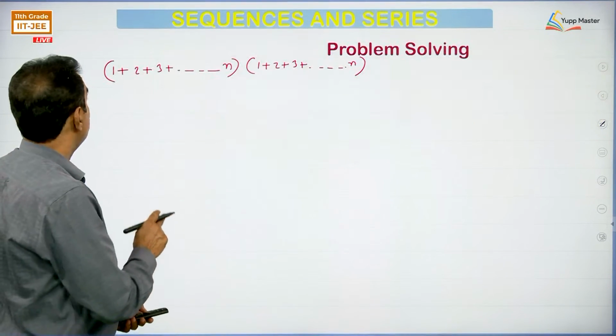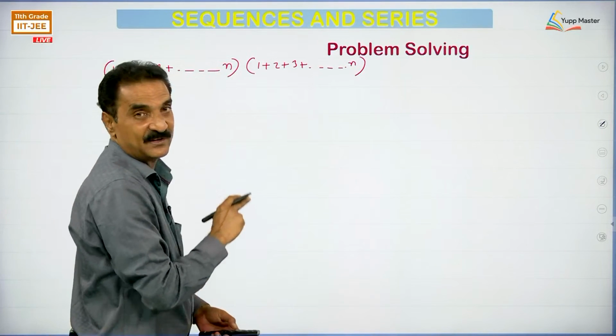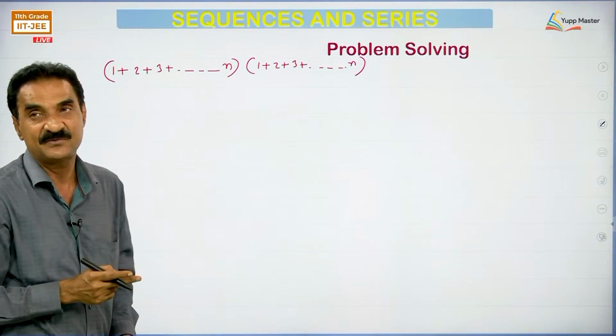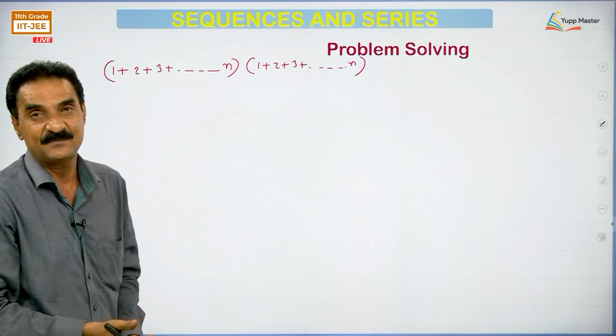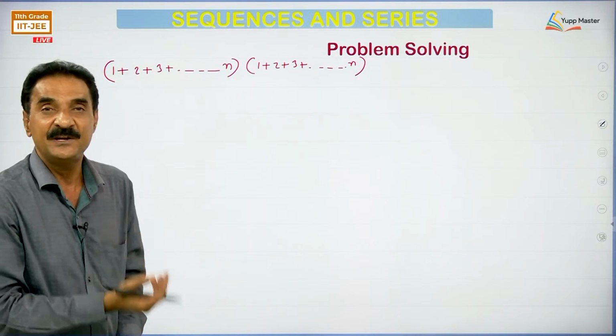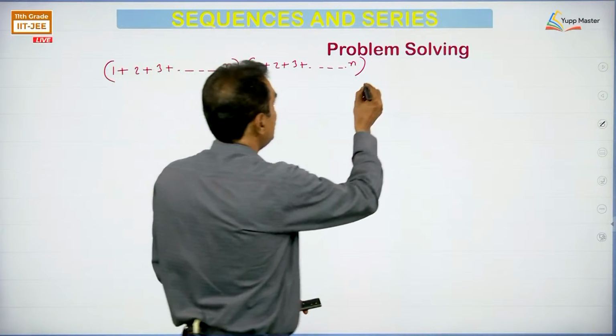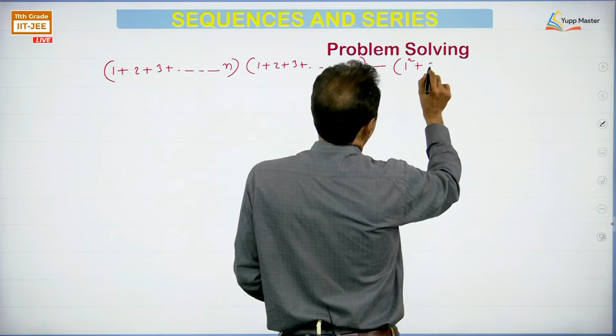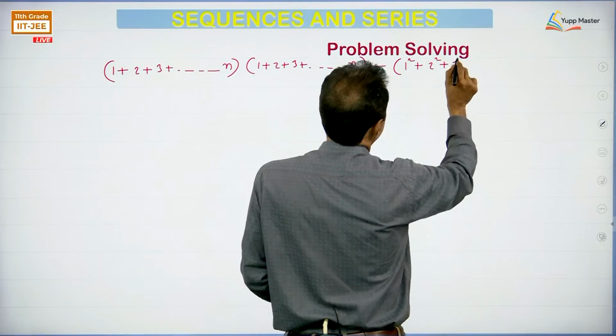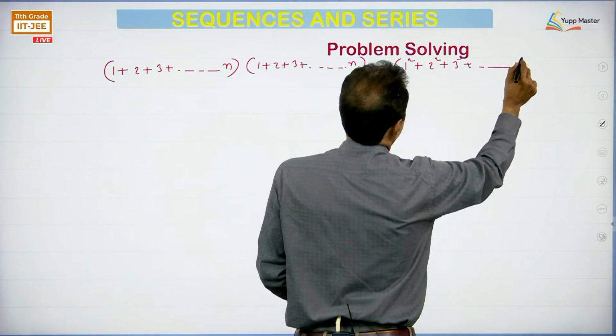What is 1 into 1, 1 square, 2 into 2, 2 square, 3 into 3, 3 square and so on, n into n is n square. So, those are the extra terms which we do not need. So, we need to subtract. So, first I will subtract the extra terms 1 square plus 2 square plus 3 square and so on n square.